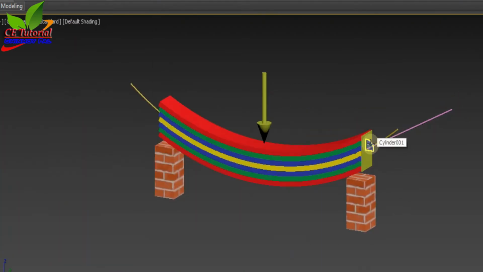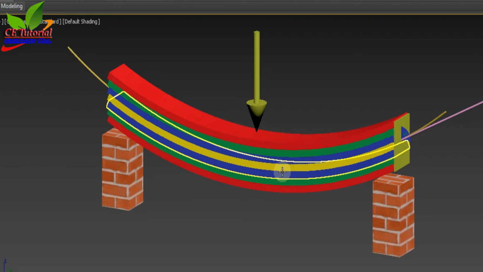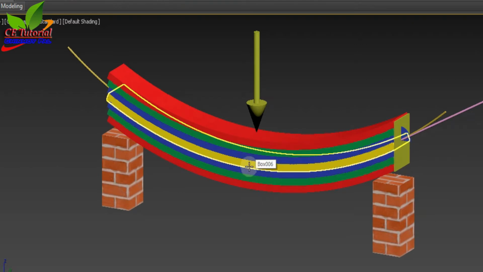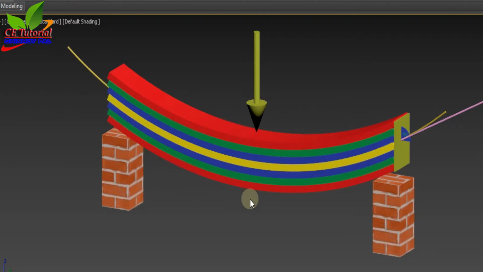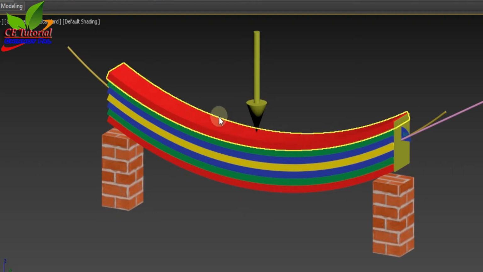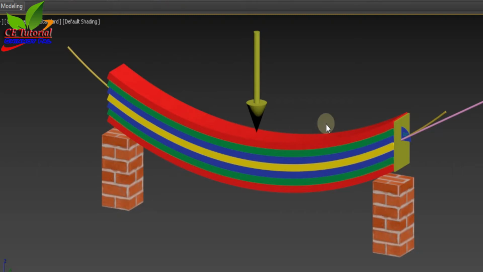Why is this happening? Because all layers are independent. The longitudinal length of each layer after bending is the same for all layers. They bend about their own individual longitudinal axis.